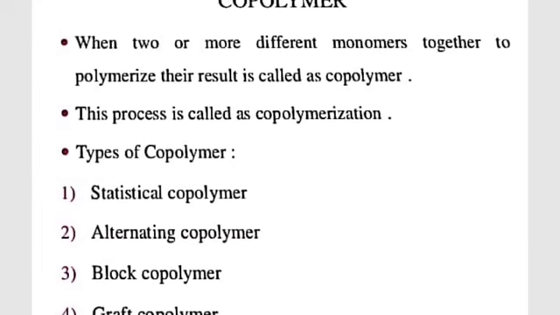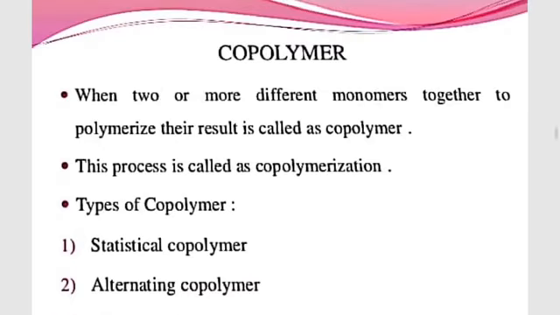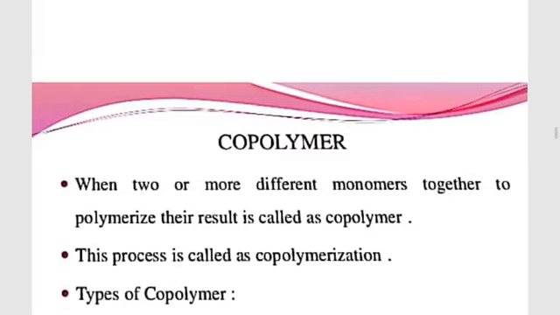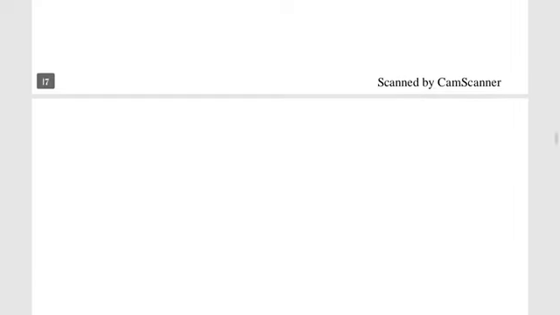So you may have two different monomers combining, they are adding, nothing is being eliminated, but when two different monomers combine, it's called a copolymer. When the same kind of monomer is combining, it's called a homopolymer. So again you can see the difference between homopolymer and copolymer.